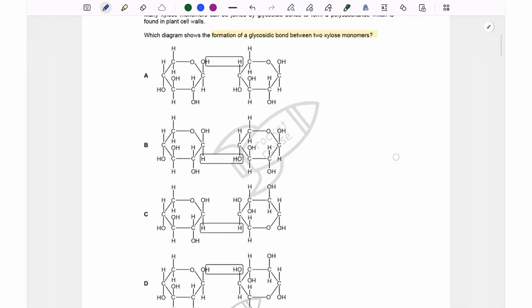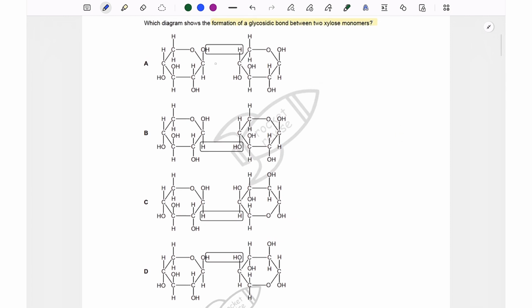So let's look at our options here. A is wrong because it's supposed to lose a water molecule, H2O, and it's only losing 2 hydrogens. In this case, it's losing the whole thing. H2O is lost, but there is no oxygen to join the 2 carbons.